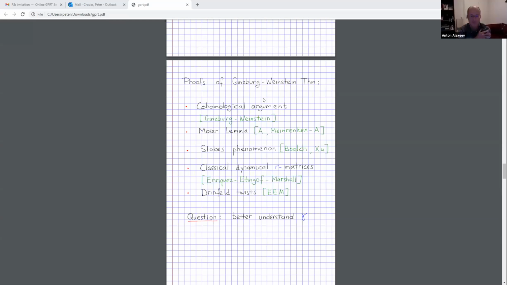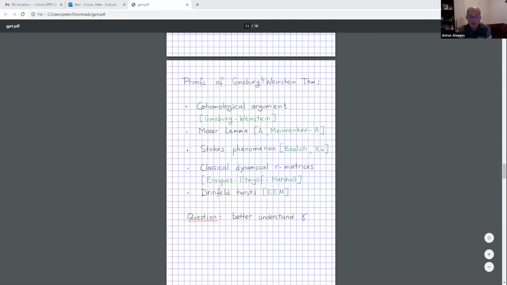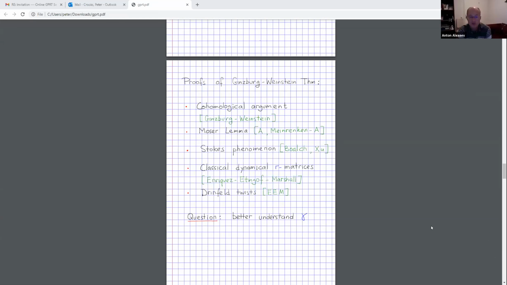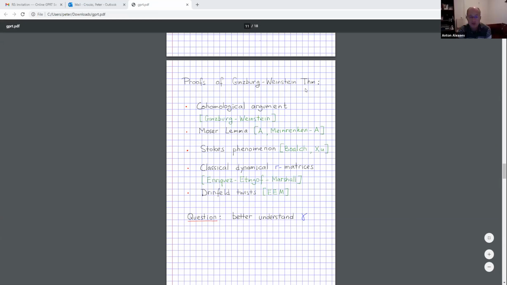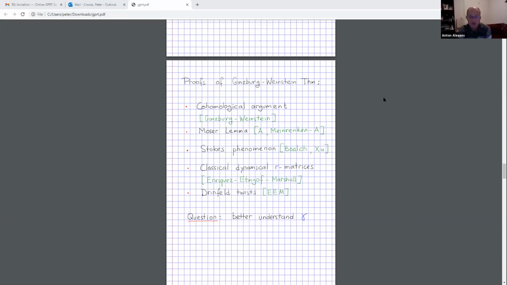The original proof was some kind of chronological argument. That's how Ginzburg and Weinstein proved it. And then together with Eckhard Meinrenken and myself, I designed some proofs which use the Moser lemma from symplectic geometry. And then there is a proof by Boalch using the Stokes phenomenon.